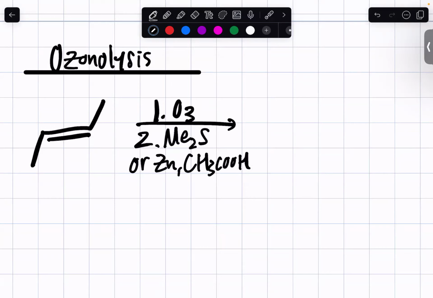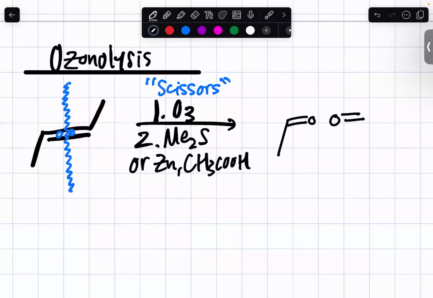When I see this reaction, I think of scissors, where I'm going to cut this double bond in half. Once I cut that double bond in half, I put oxygens in the middle like that. The products I get are these right here, where these are two aldehydes because there are hydrogens here.